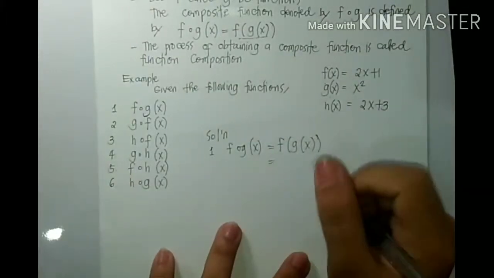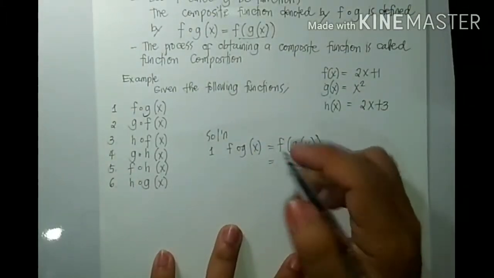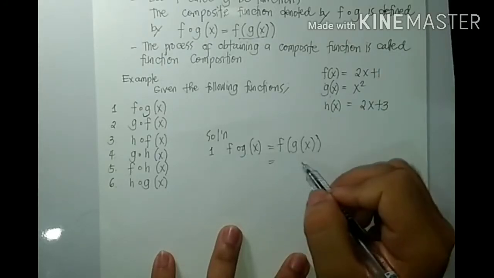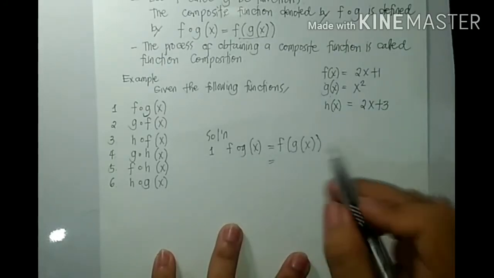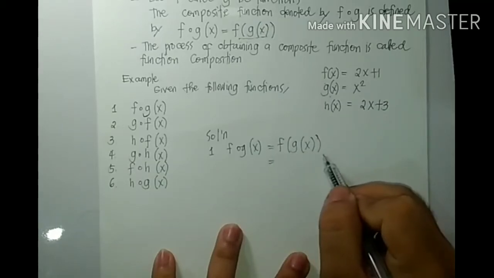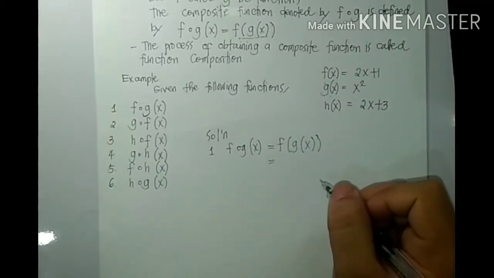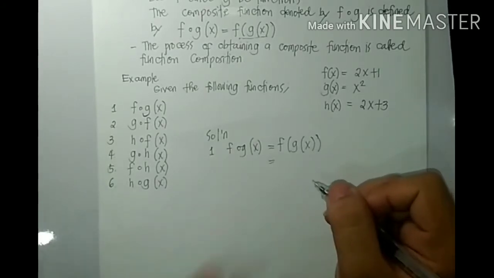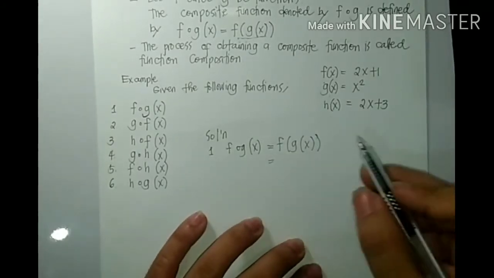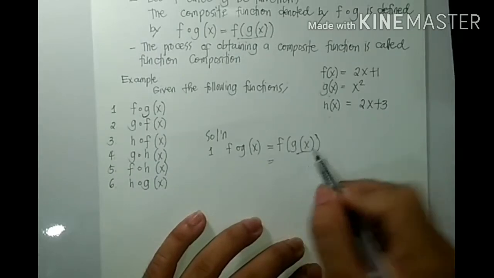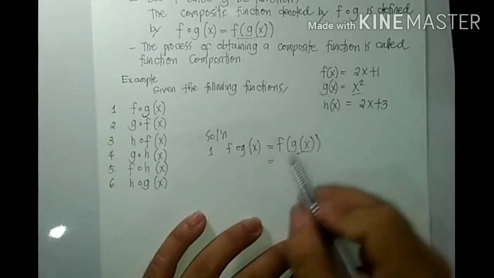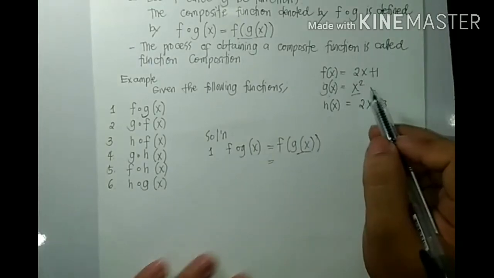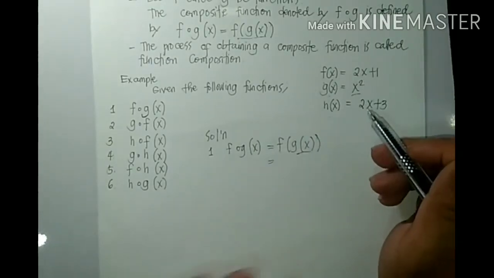Now let us try problem number 1. We need to find f composed with g of x, which can be written as f of g of x. What we are going to do is apply substitution. As we all know, g of x is equal to x squared, and f of x is equal to 2x plus 1.